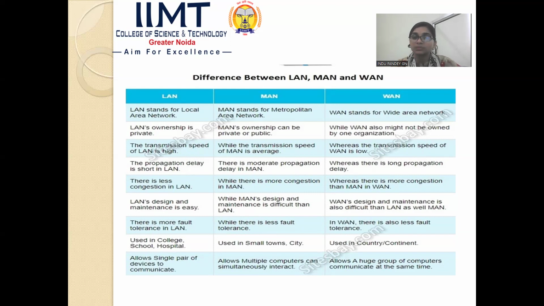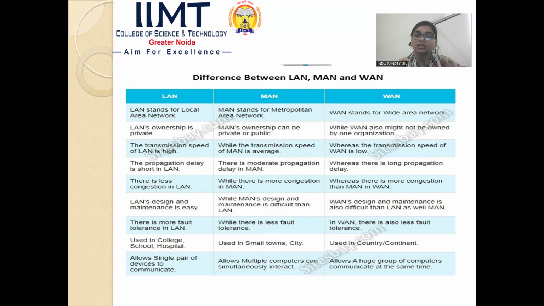LAN's ownership is private, while MAN's ownership can be private or public, and WAN is not owned by one organization. The transmission speed of LAN is high, while the transmission speed of MAN is average, whereas the transmission speed of WAN is low.